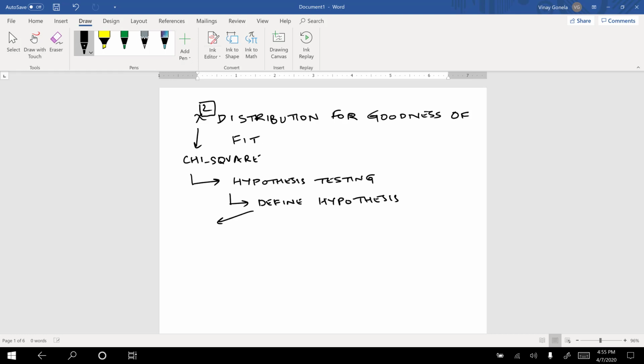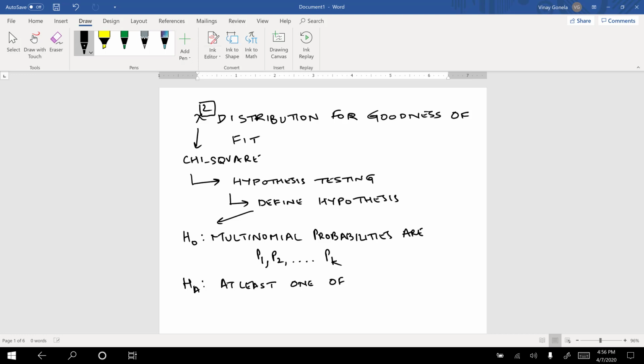So in chi-square distribution, the null hypothesis would be that the multinomial probabilities are P1, P2, and so on, Pk, and the alternative would be that at least one of the probabilities differs from P1, P2, and so on, Pk.